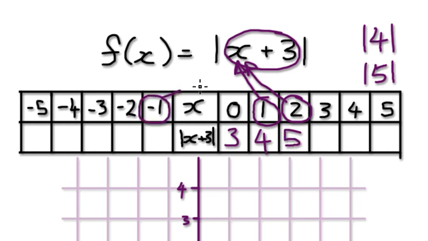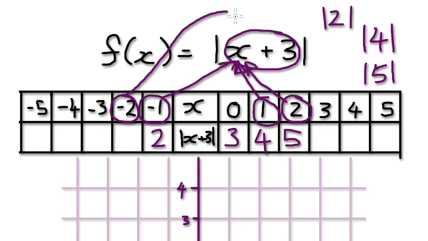Now if you put -1 into here, -1 plus 3 will be 2. So you're finding out the absolute value of 2, which is 2. Now if you put -2 into this x here, -2 plus this 3 will be 1, so the absolute value of 1 is 1.